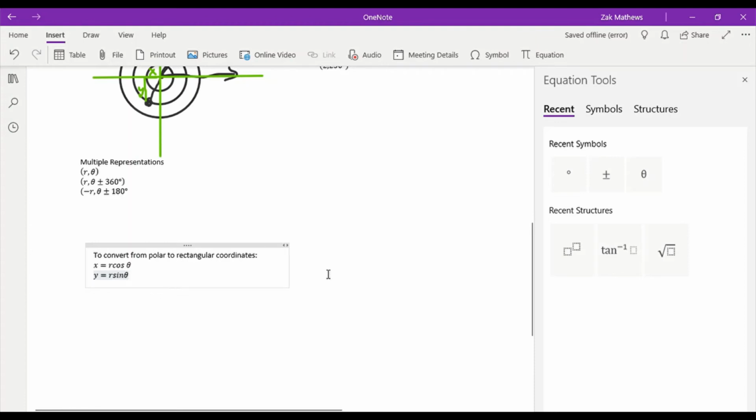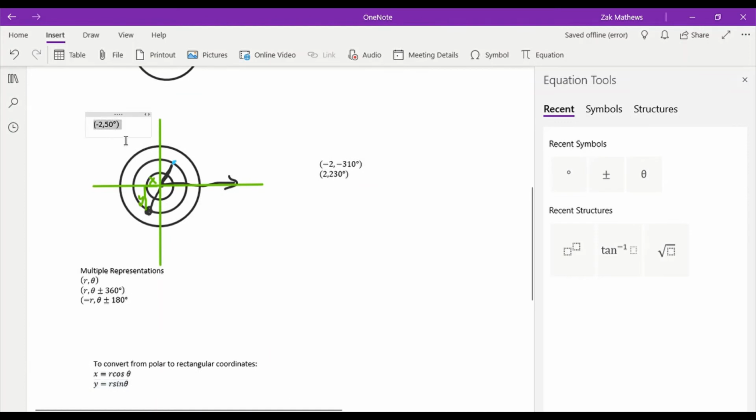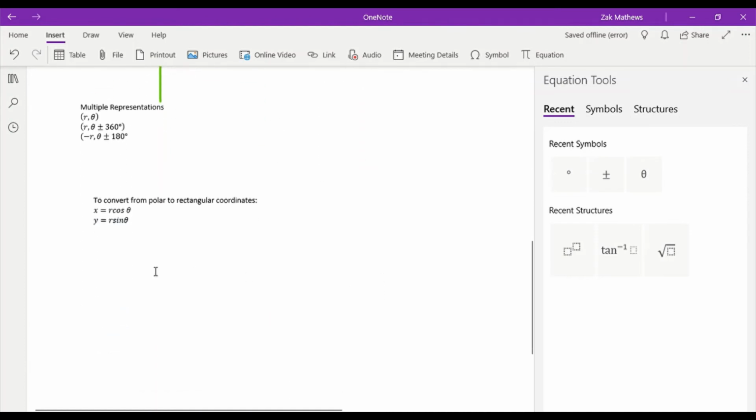We're solving. So let's take this point negative 2, 50 and let's convert to rectangular form. So my x is going to be equal to, my r is negative 2 cosine, and my angle was 50, and that is a degree measure.